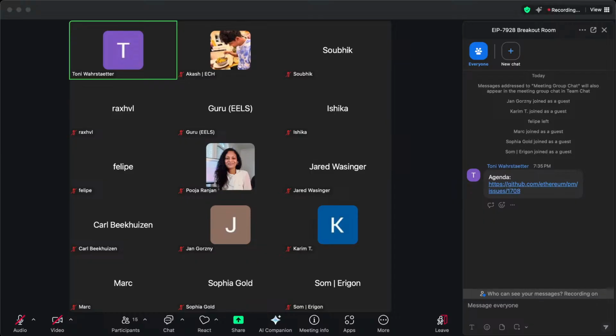And the question is, should we include block level access list indices for it? So I would just pass that question to clients. What do you guys think? Maybe you can start by telling us the motivation behind it.